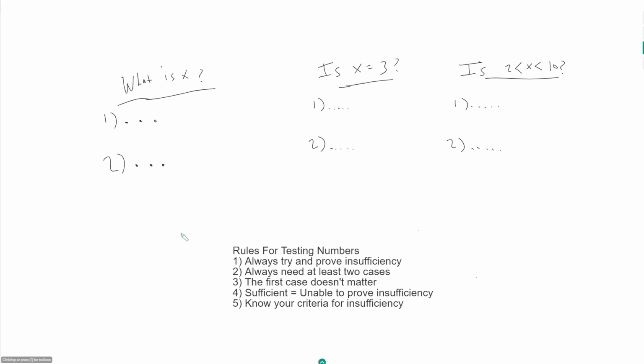When people first start out studying, I see a lot of them testing numbers too much. Especially when people take a diagnostic test, and they haven't studied at all, they are basically testing numbers for almost every type of quant question because it is the only thing they know how to do.